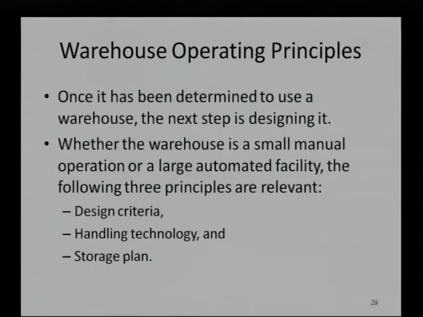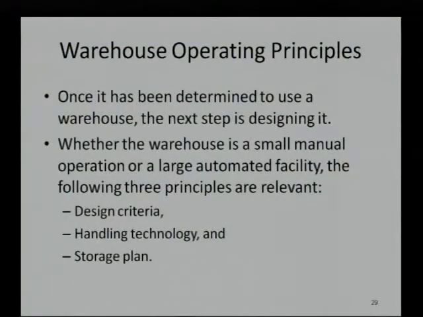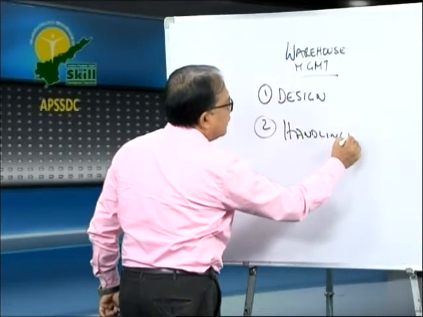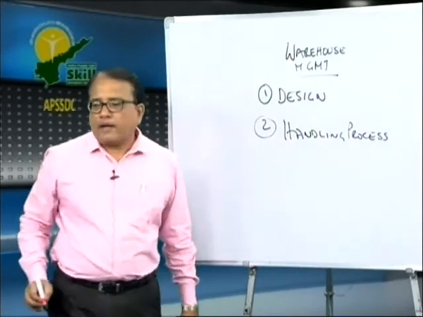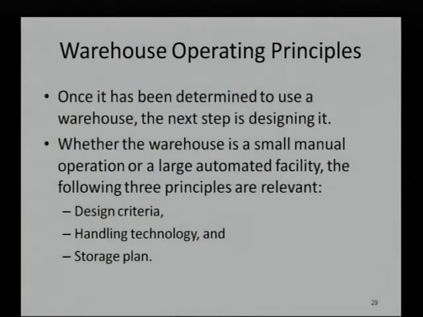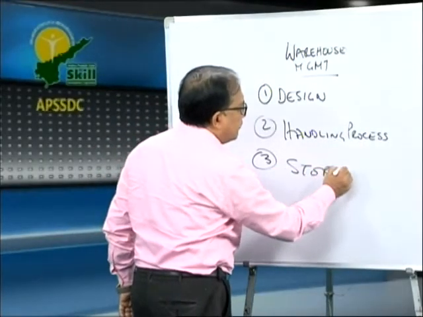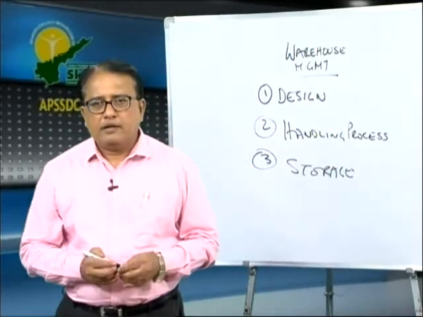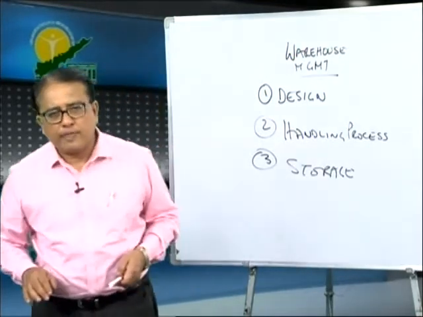Design of the warehouse, the handling process or handling technology in the warehouse, and number 3, what is the storage plan that the warehouse would have. That would determine the warehouse operating principle, how the warehouse is operated.